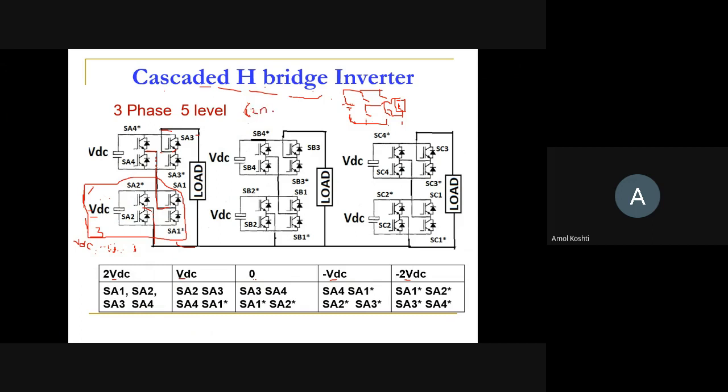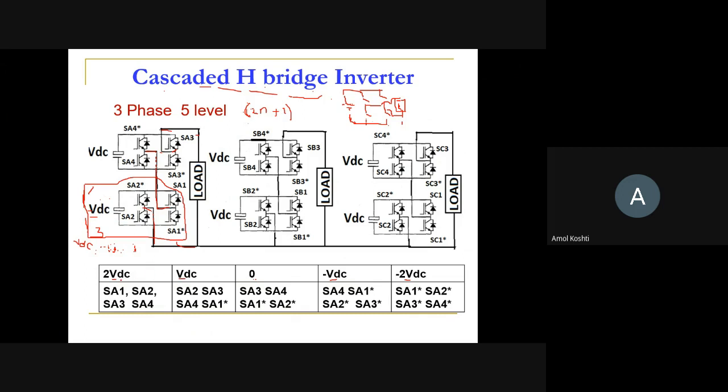Right now we have two cells for the single phase, so if you put n equals 2, 2 into 2 is 4, plus 1, we get 5 levels of output.